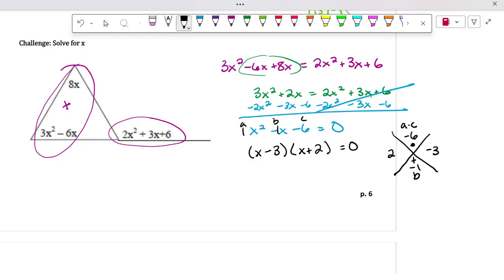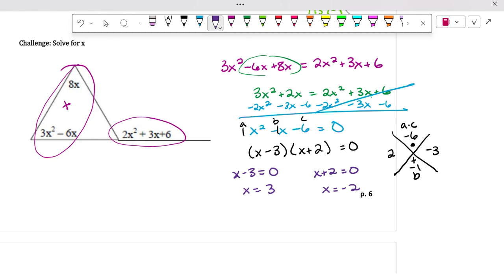Isn't it like remove the negative one? Not necessarily. Well, not yet, anyway. All right, Riley, go for it. Right. So you would set these both equal to 0 separately. They're like two little mini equations. And then you would solve for x. So x is equal to 3, x is equal to -2.